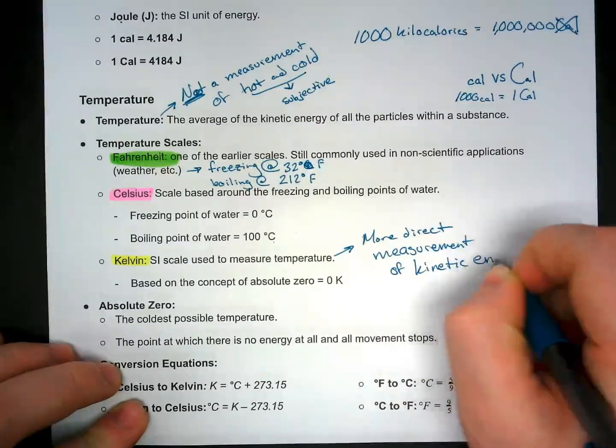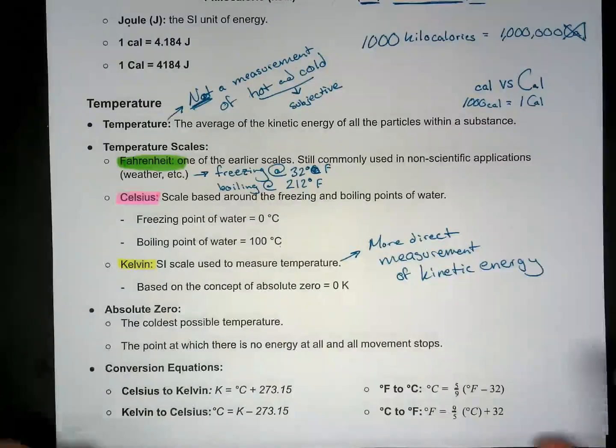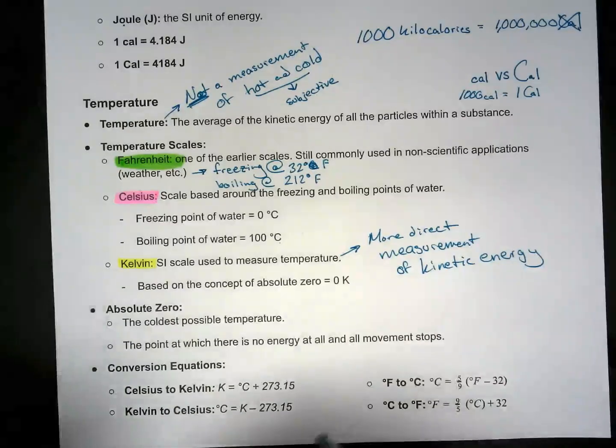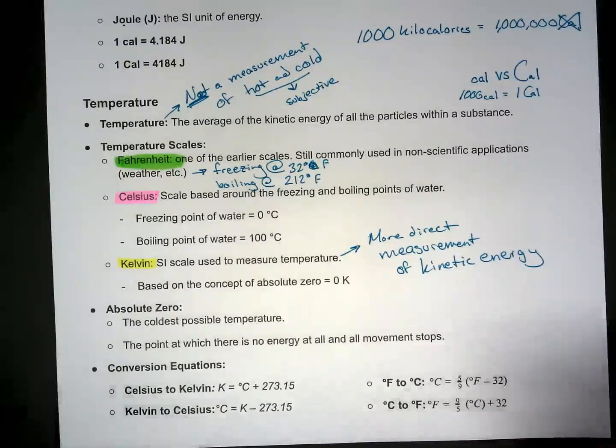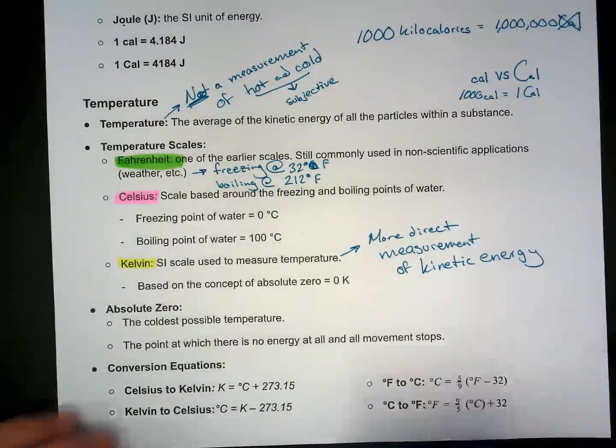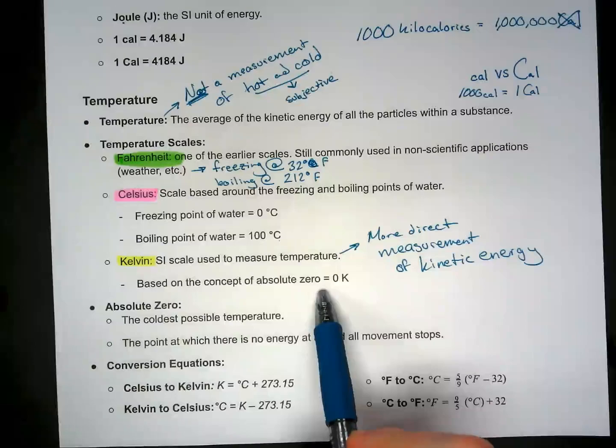It's used to measure temperature on the idea that there has to be a certain point at which almost all the energy has been taken out of a system, and you have absolutely no motion. So Kelvin is about a direct measurement of how much kinetic energy is found within a system, and the range is completely different. It's based upon that concept of absolute zero.